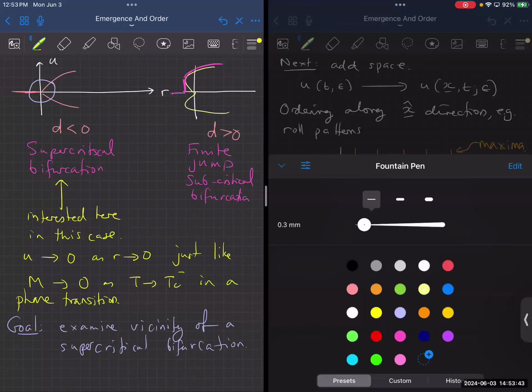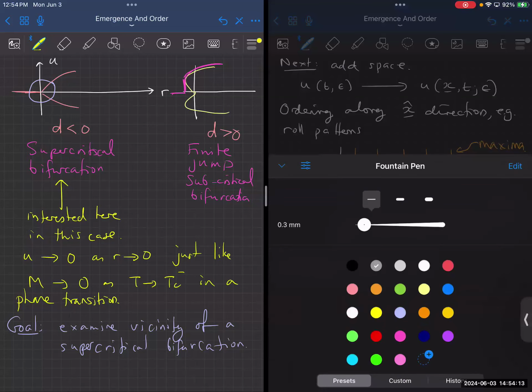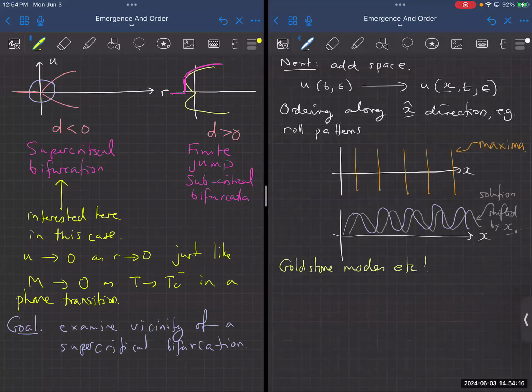Suppose, for example, I said, well, this is all very well and good, but actually I'm now going to change my origin. So this thing over here is the solution shifted by, say, some amount x naught. Let me show you how that's described in this kind of system.